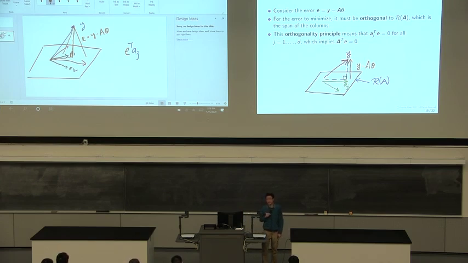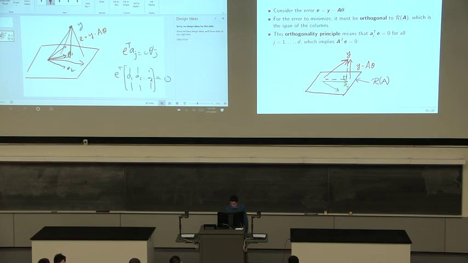It has to be 0, because they're orthogonal, and this has to hold for all the j's. If it has to hold for all the j's, then E transpose times a matrix that contains the column vectors A1, A2, up to Ad has to be 0, if each individual one is 0. Do you get that point?